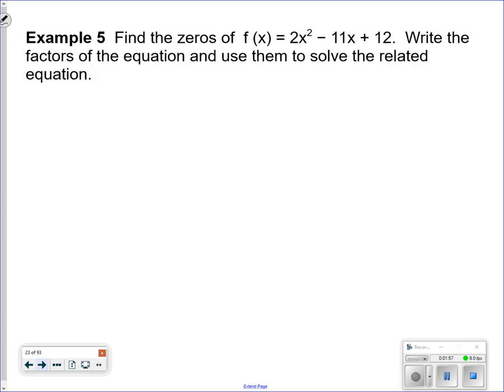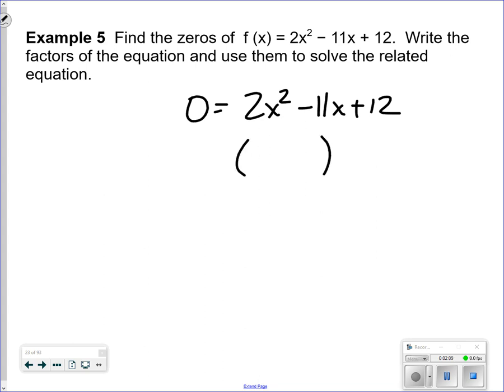So here we go. I'm given a function, I'm asked to find the zeros. So I want to know when this particular function equals 0. Now, it says to find the factors, so they want me to factor this. Now, I'm going to do the guess and check method because I'm good at guess and checking, but again, your factoring skills are very important.